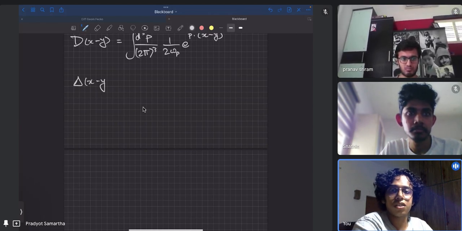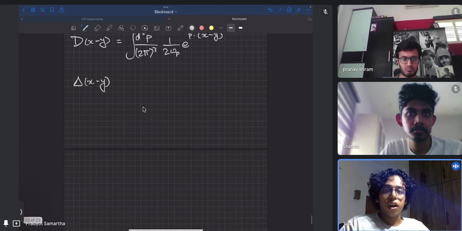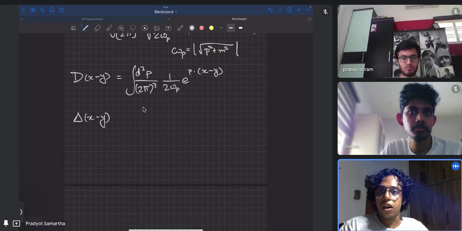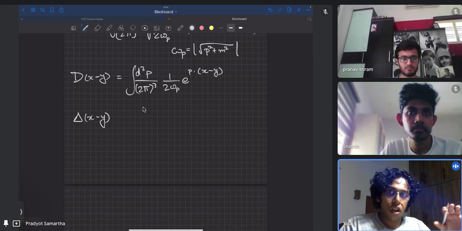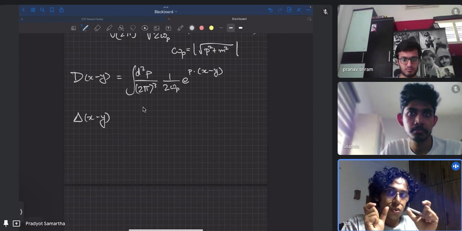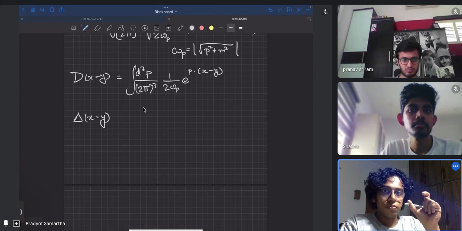Note that there are several things that I've done here. I've assumed some sort of Lorentz invariance, and made certain assumptions to be able to treat x minus y as a single variable.